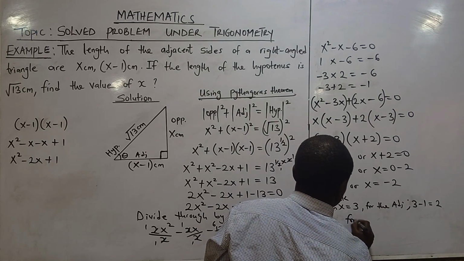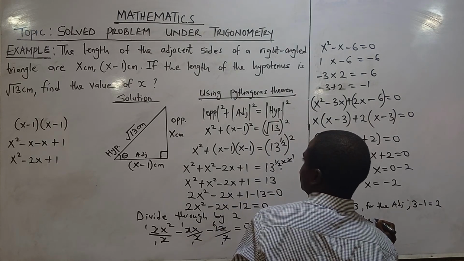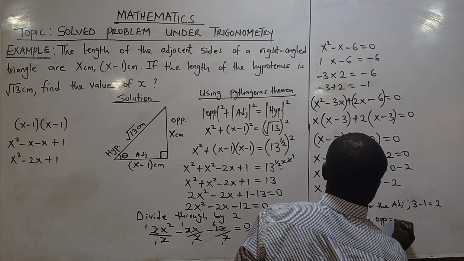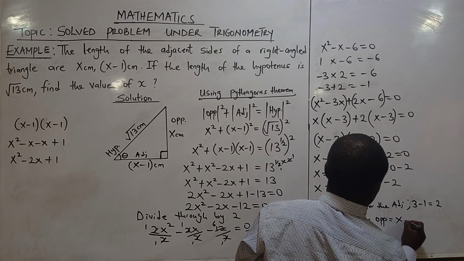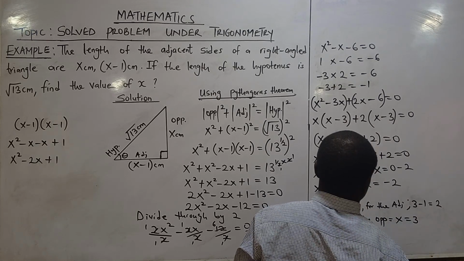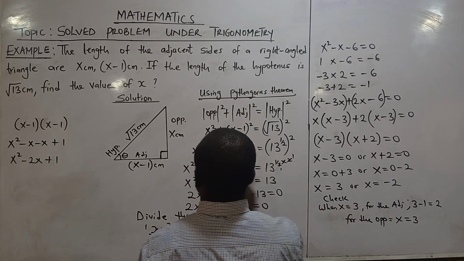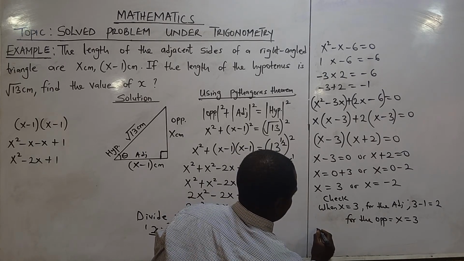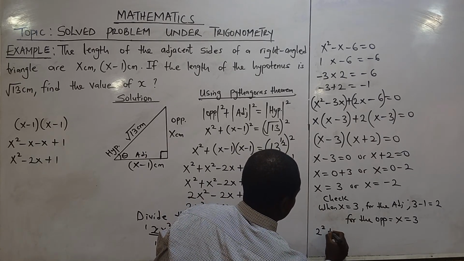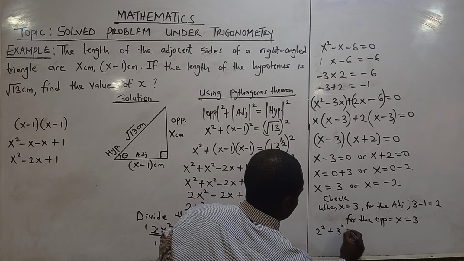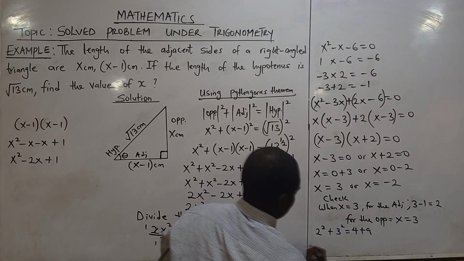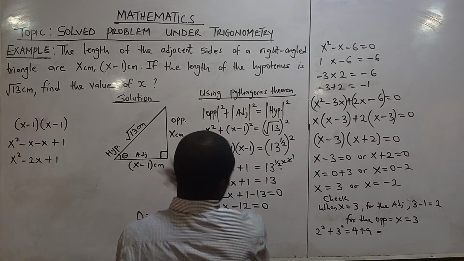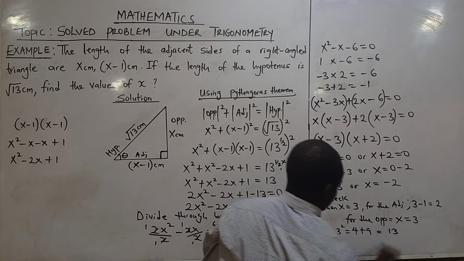For the opposite, we are having x equals 3. Now let's see whether we're going to get the square root of 13. Having 2 squared plus 3 squared, which is 4 plus 9, which is a square root of that, which is 13.